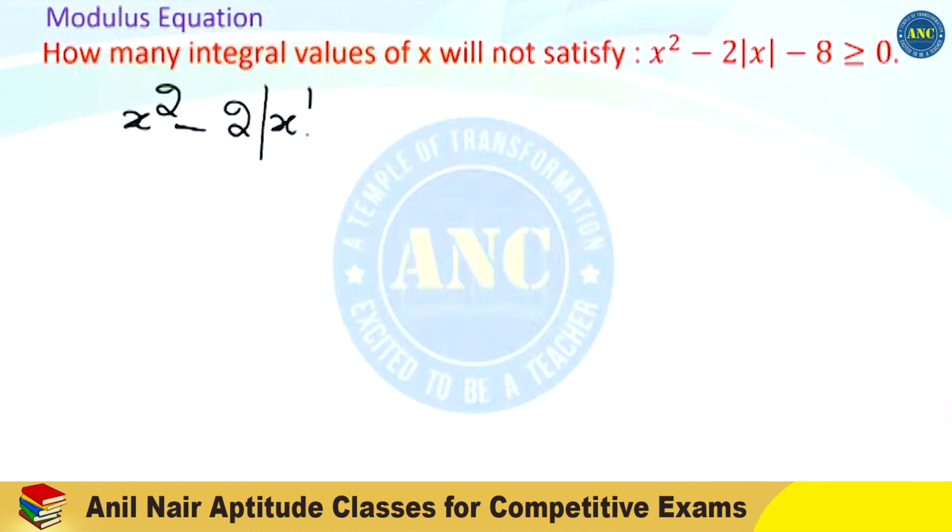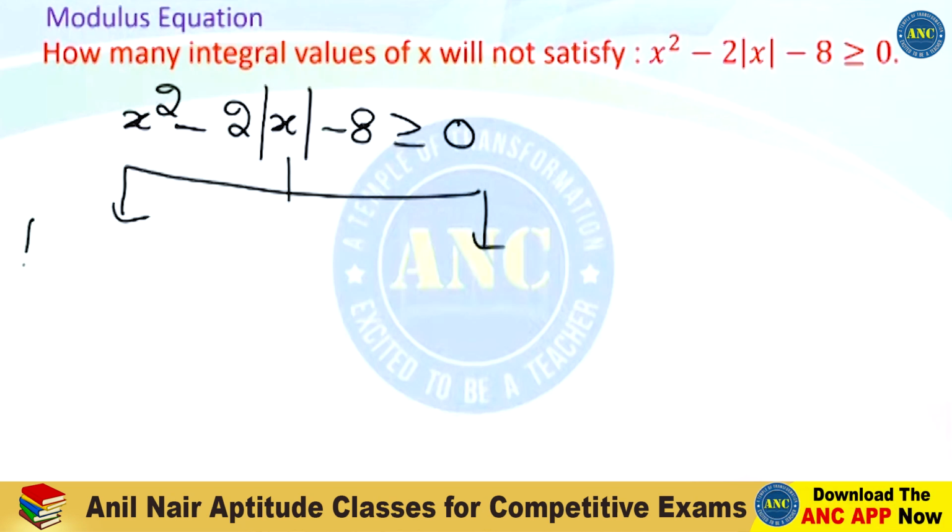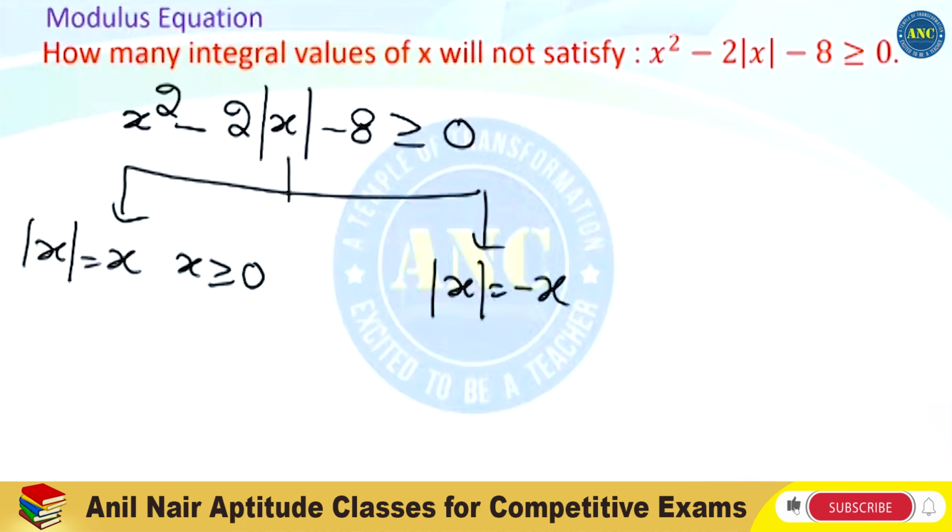x square minus 2 mod x minus 8 greater than or equal to 0. Two cases. What are those cases? Mod x equals x if x is greater than or equal to 0, and mod x equals minus x if x is less than 0.